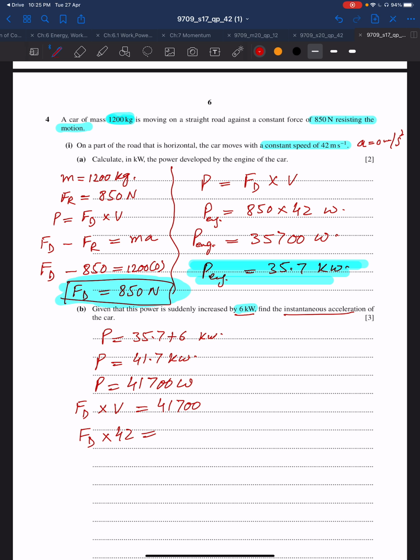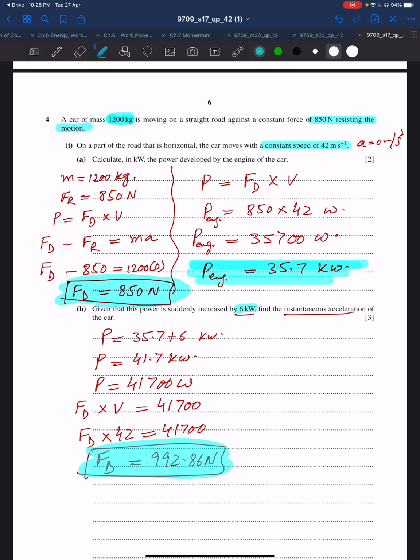So driving force, if you divide by 42 on the other side, will become 992.86 Newton. So this is the driving force now.